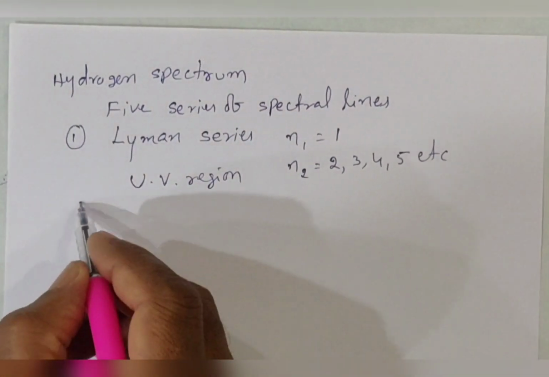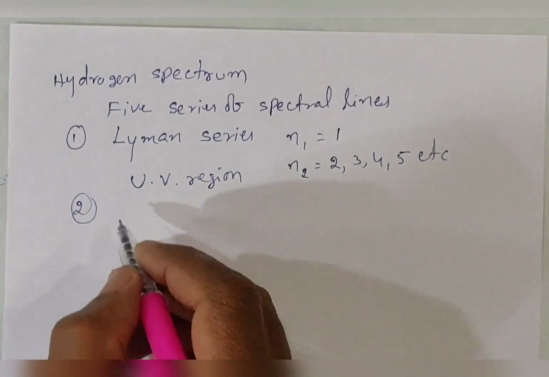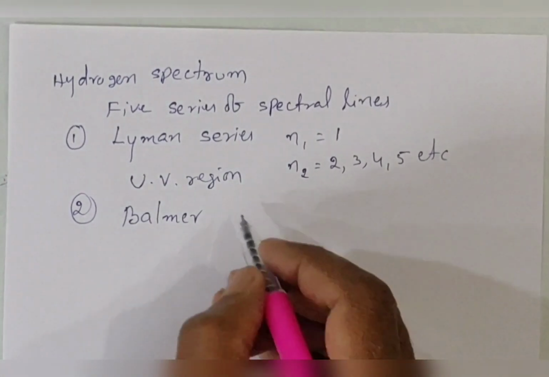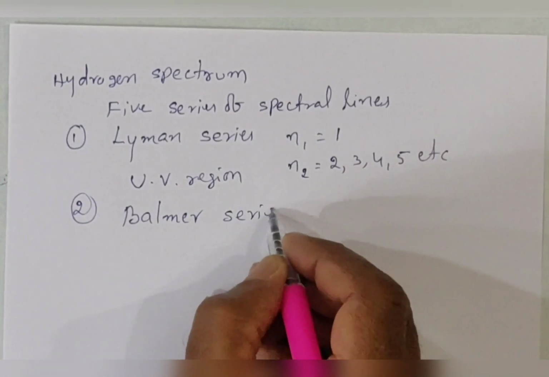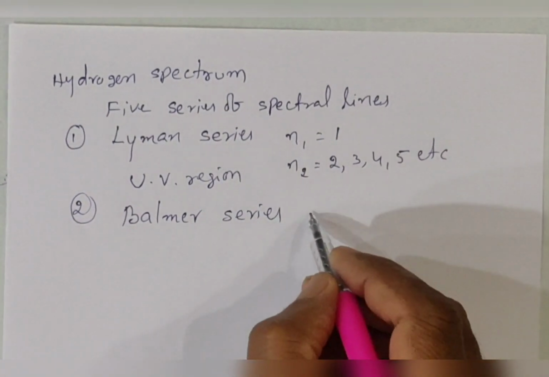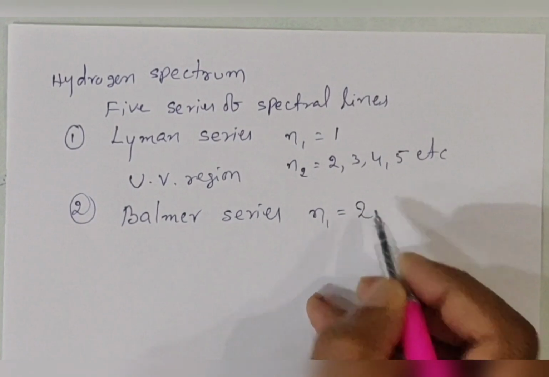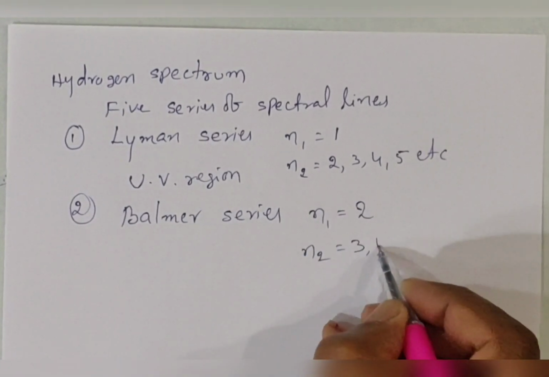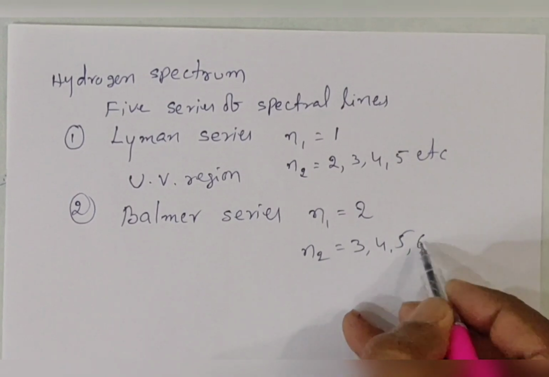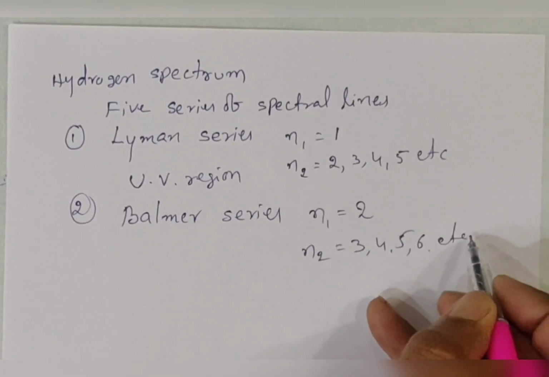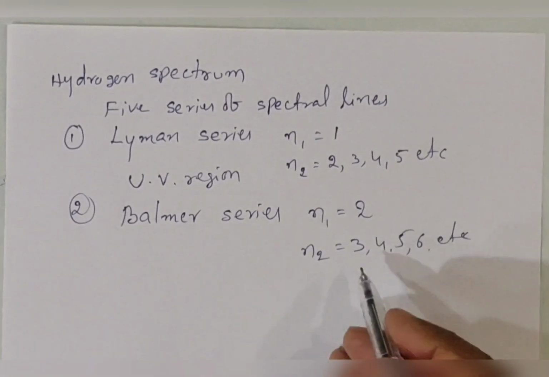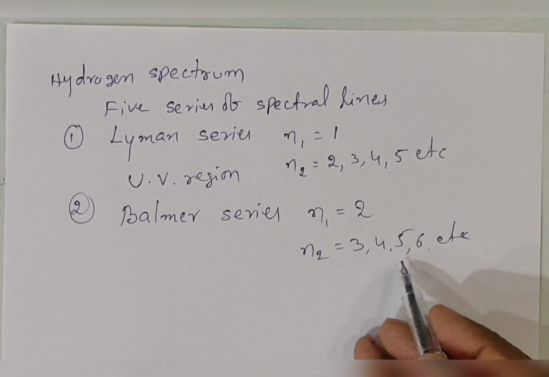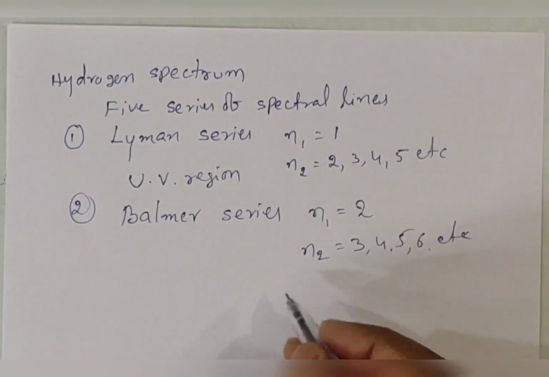The second series of spectral lines is the Balmer series. In the Balmer series, N1 is equal to 2, and N2 is equal to the next numbers 3, 4, 5, 6, etc. Remember, N2 equal to 3 means the first line, 4 the second, and so on.